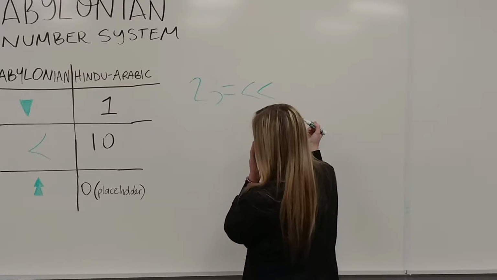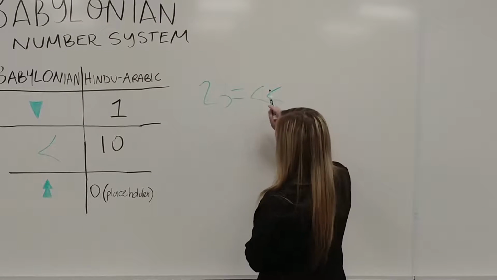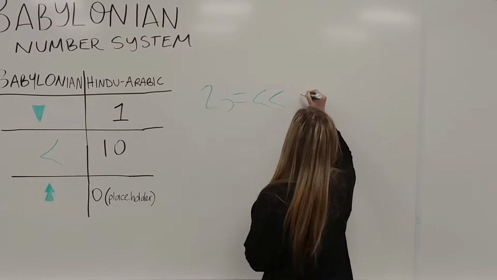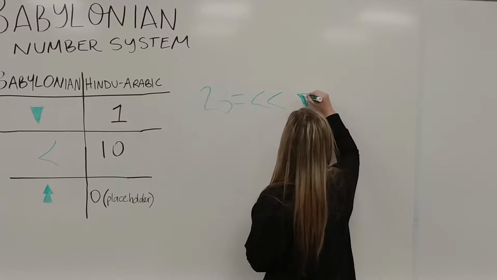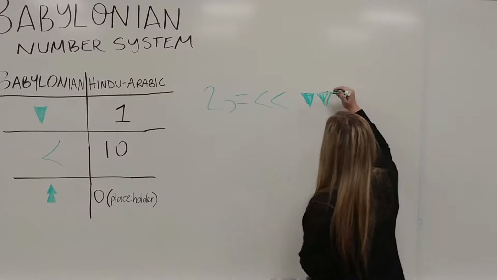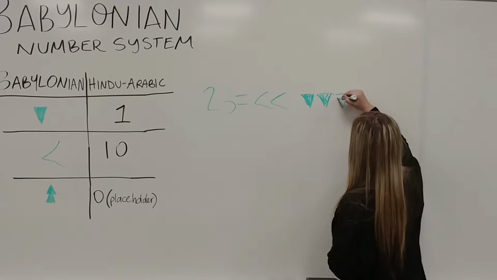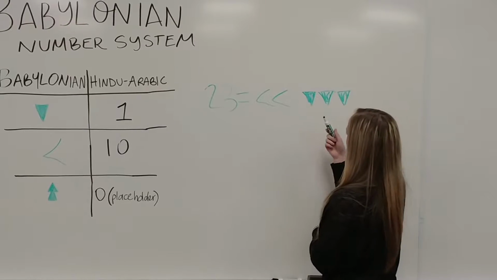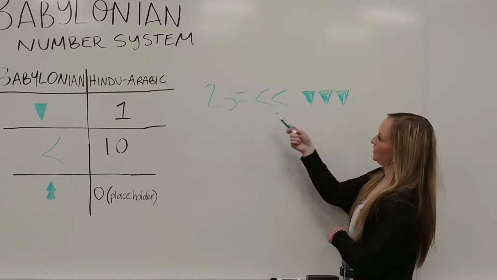And then for the 3, it would be 3 triangles, which would be a 1 for each one, so it would be 23.